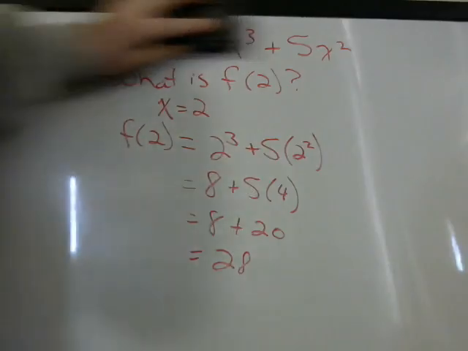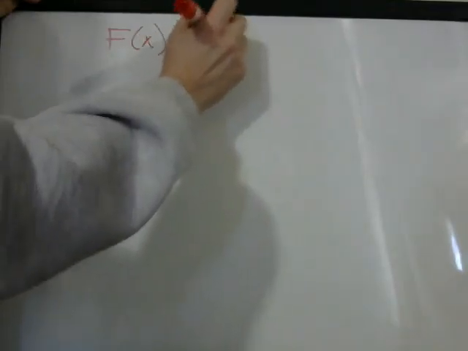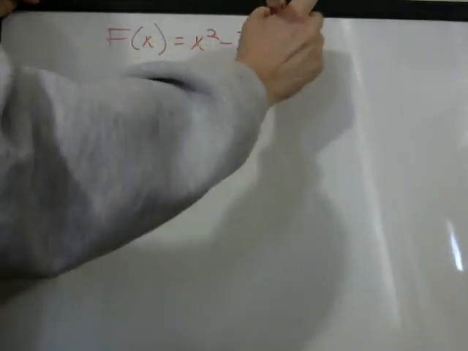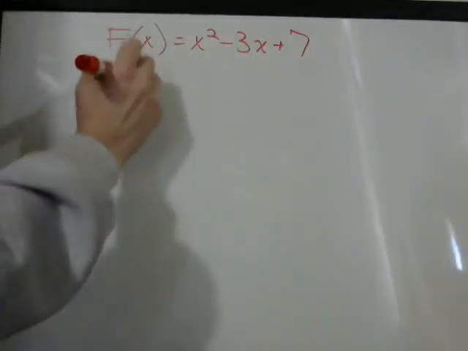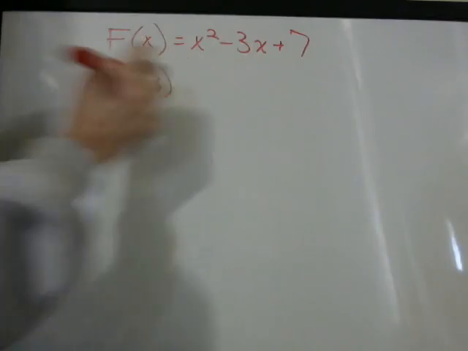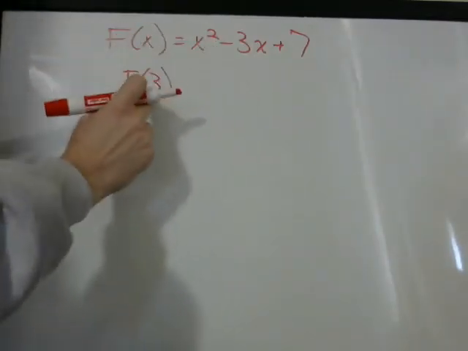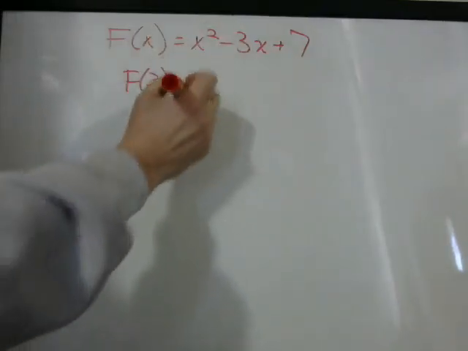The other way you might see this written, and for our purposes really makes no difference, is they might write it with a capital F, equals x squared minus 3x plus 7. What is f of 3? So again, instead of an x, you're just going to put a 3 in every time you see an x.